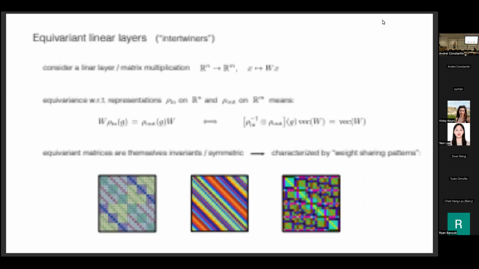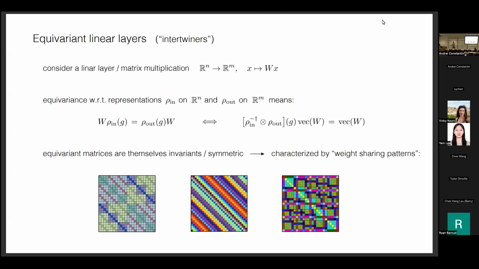As a first example, we can look at equivariant linear layers for matrix multiplications. So we have a map which sends an input vector x to W times x. And then we have some representations rho in and rho out, acting on the input and output. And what equivariance means is simply that W commutes with rho in and rho out in this sense, right?